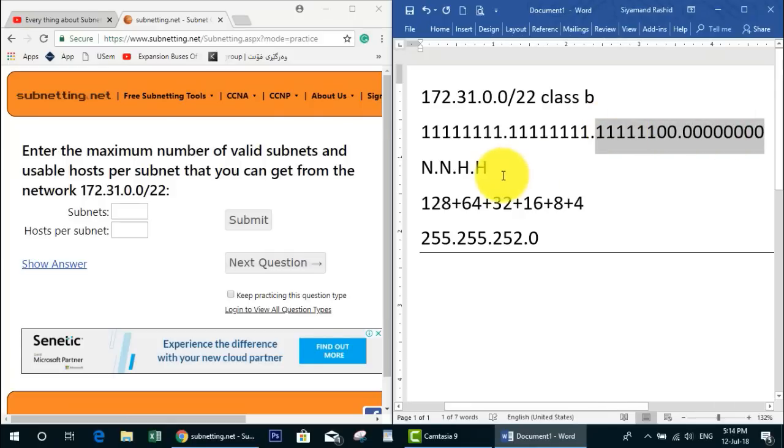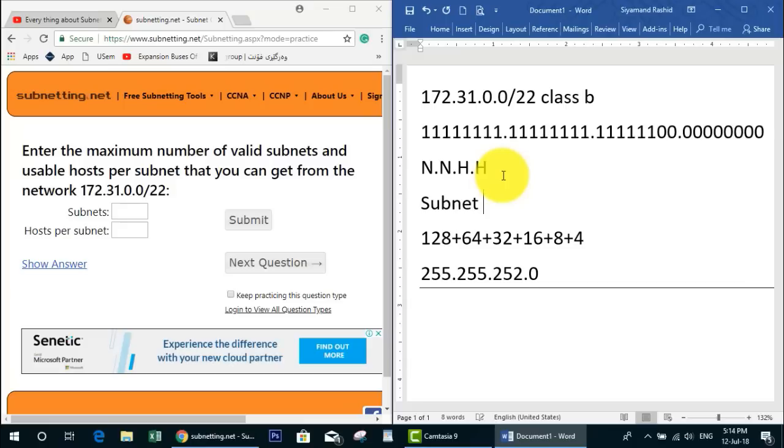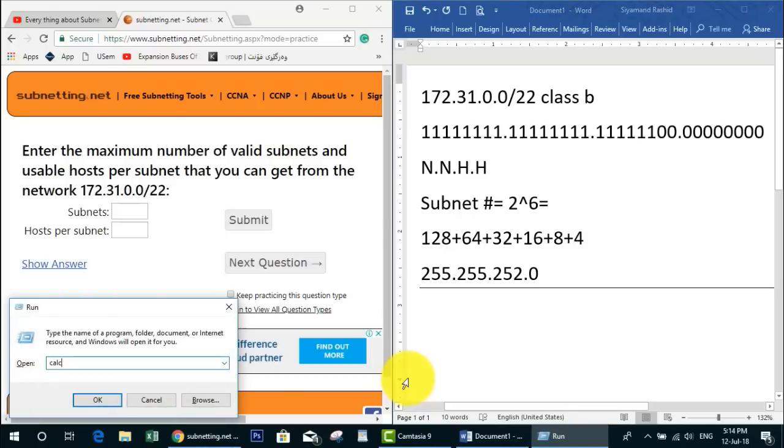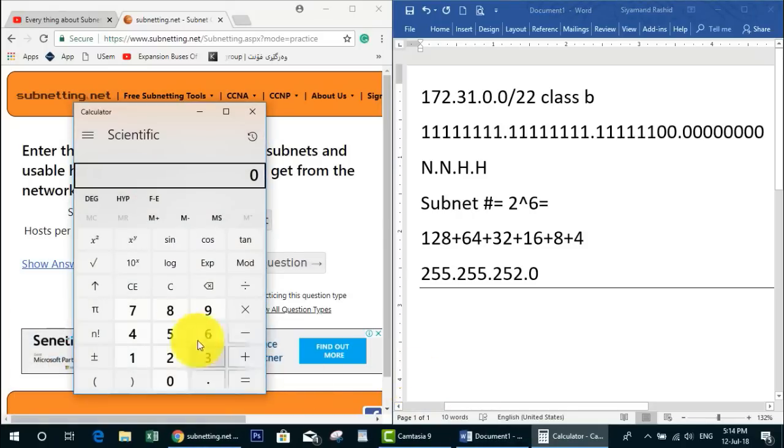So what we do, the subnet number equals 2 to the power of the number of ones we have, which is 6. Let me bring the calculator. So 2 to the power 6 equals 64.